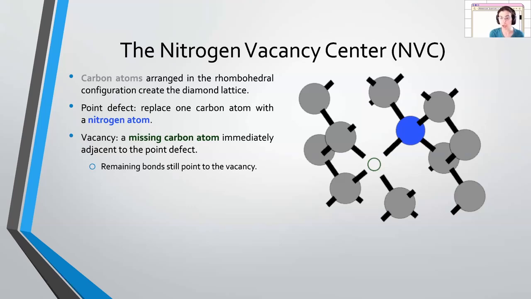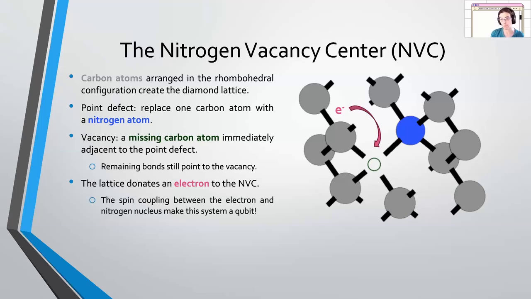That's just empty. However, you will note that the black things, which are the electronic bonds, are still oriented towards the vacancy, and that's important because they participate in the overall system's physics. So these are still oriented towards where the carbon atom used to be. The very last part to setting up the system is that the surrounding lattice donates an extra electron to this system, and it is this electron bobbing around in there.